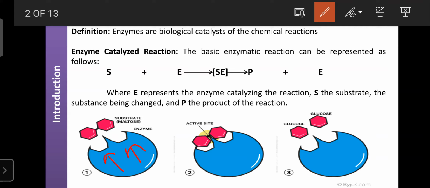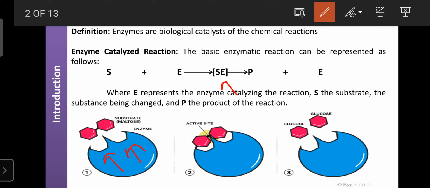Those active sites may be of the nature of amino acids; they are made up of amino acids or other biomolecules. Then the complex that forms is known as the enzyme-substrate complex.